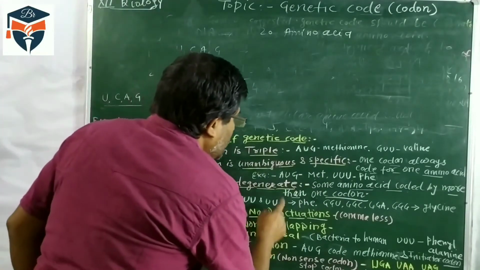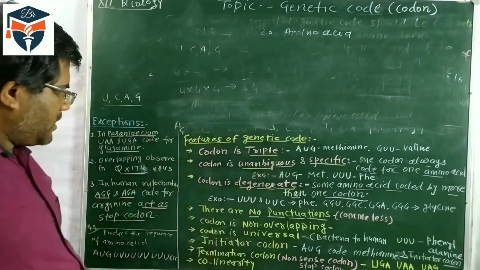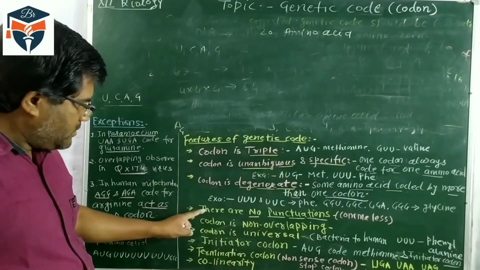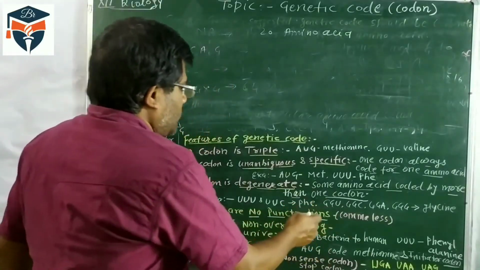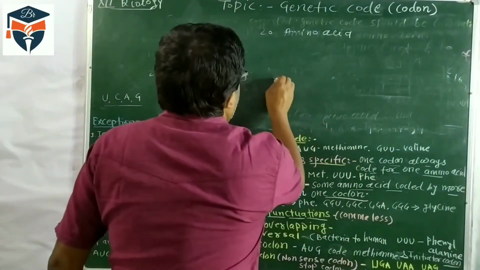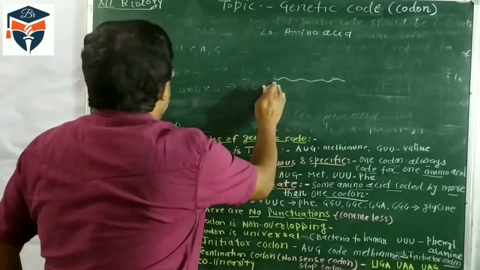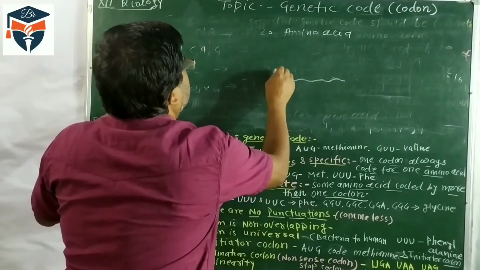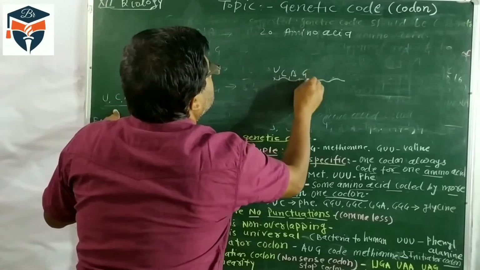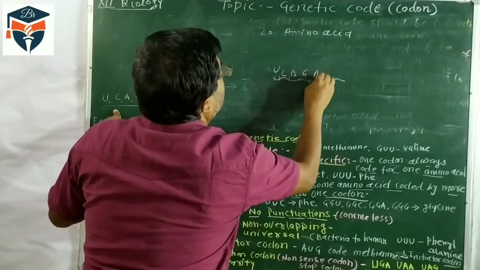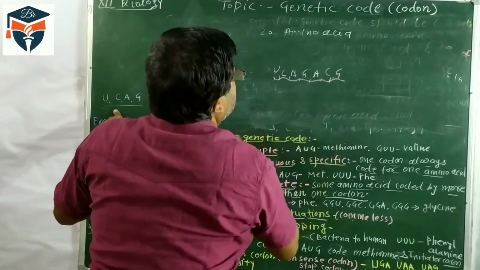Another, the third characteristic, is that there are no punctuations, or the codon is comma-less. If the mRNA molecule is this, here I am arranging the codons. The nitrogenous bases are A, C, A, G, U, A, C and G. So what happened?